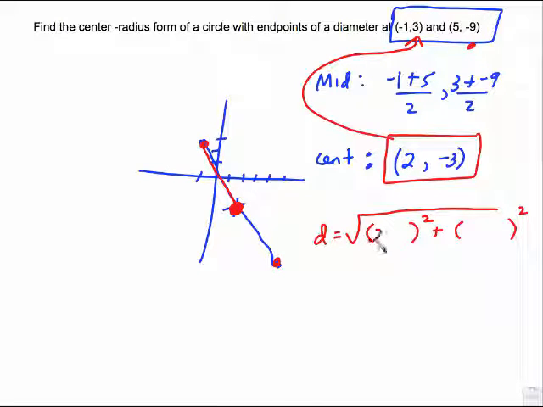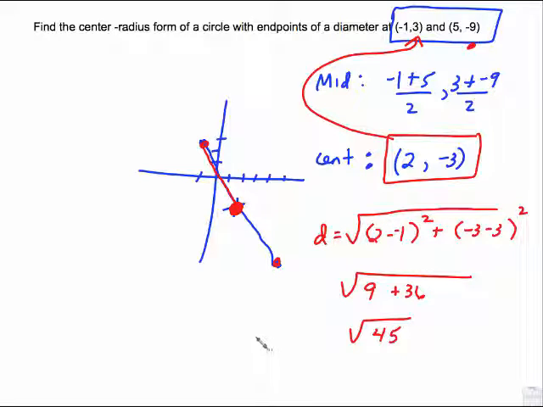So this will be 2 minus negative 1 squared, negative 3 minus 3 squared, and do your arithmetic. 2 minus negative 1 is 3, squared is 9. Negative 3 minus 3 is negative 6, squared is 36. Add that up, gives me the square root of 45. That is my distance, but it's also my radius. Again, I could have used this point with the center instead, and I would have gotten the same radius.